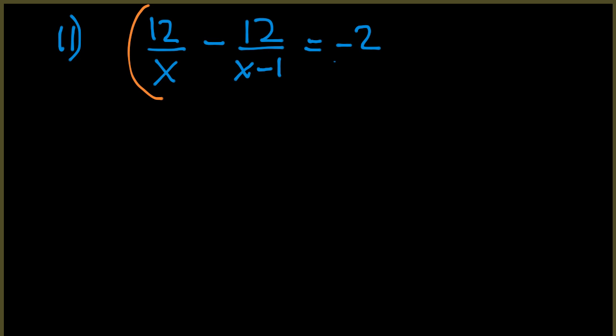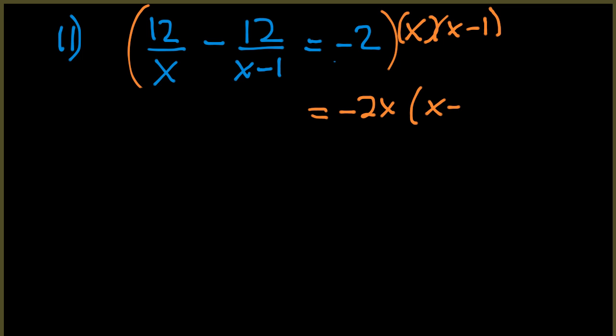All right, so I'm going to clear my denominator and multiply everything by x times x minus 1. And over here, I will end up with negative 2x times x minus 1.